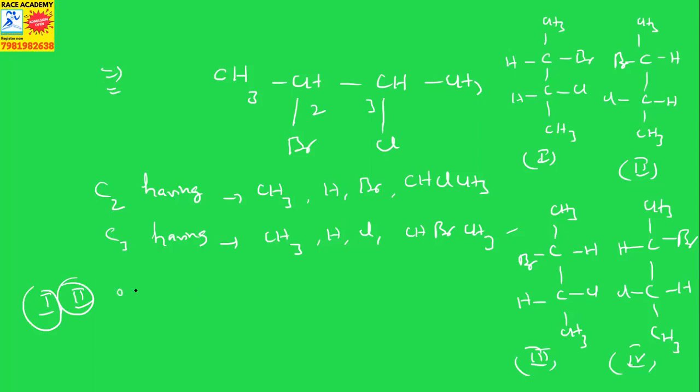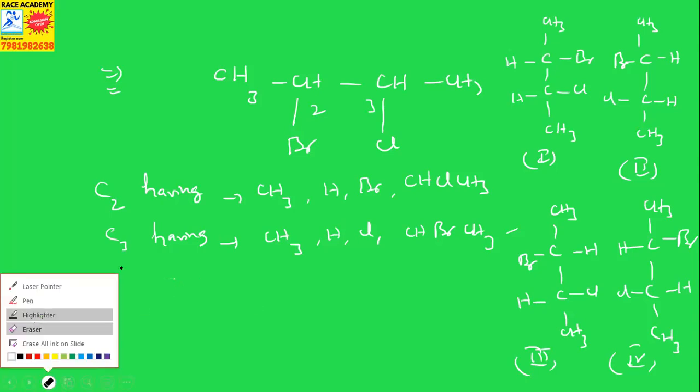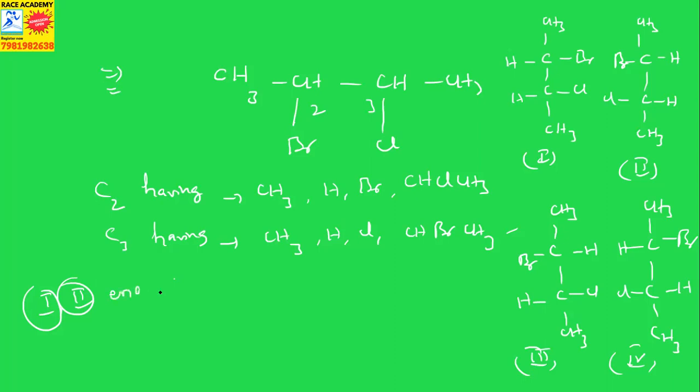They are said to be optical enantiomers, because they are related as object and mirror images here. That's why we are calling them enantiomers.